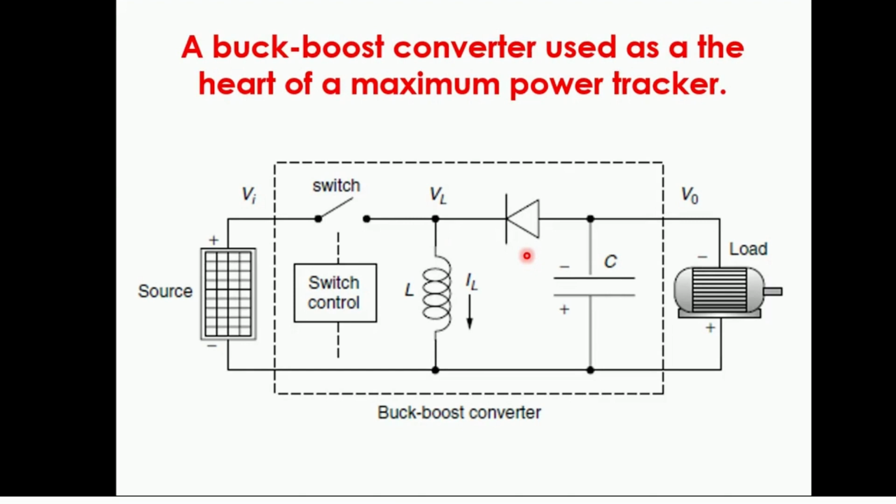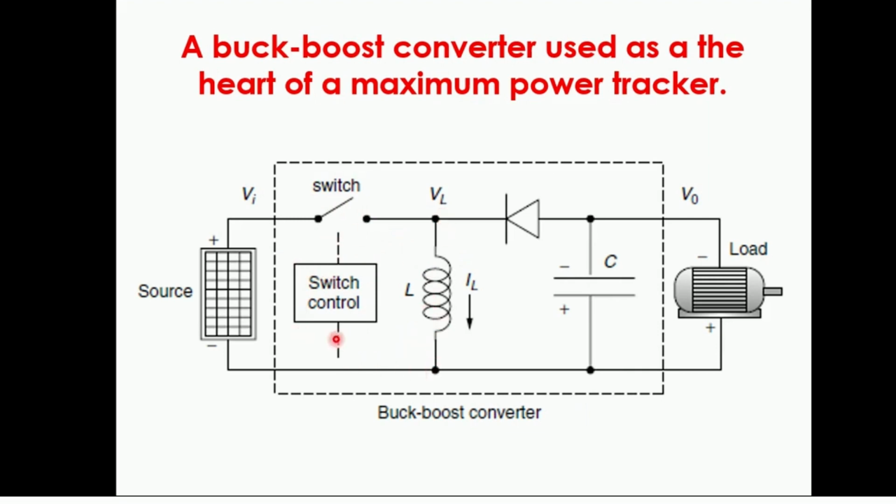So this is the concept. Over here, a converter named the buck-boost converter, which is the heart of the maximum power point tracker, has been highlighted in the rectangular dotted lines. We need to control this switch. Now if the switch is closed, the inductor will charge.